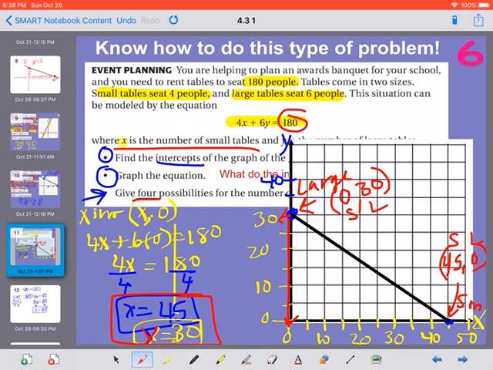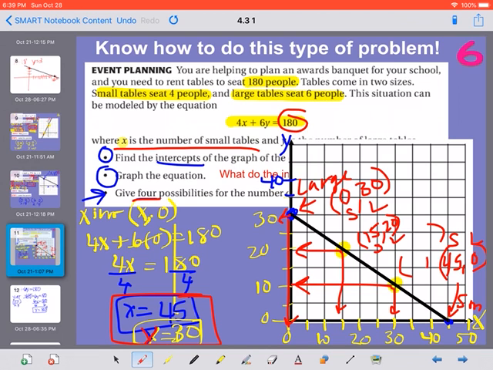There are some other possibilities along the way here as well. I like this point right here and this point right here because it's pretty easy to tell how many small and how many large tables we have of each. So at those 2 points, this point here is really X is at 15 and Y is at 20. So we have 15 small and 20 large.